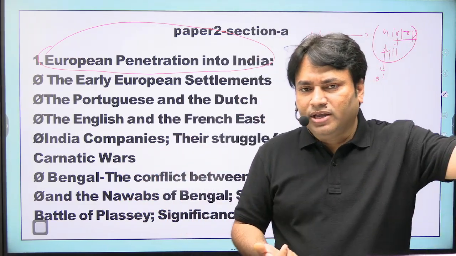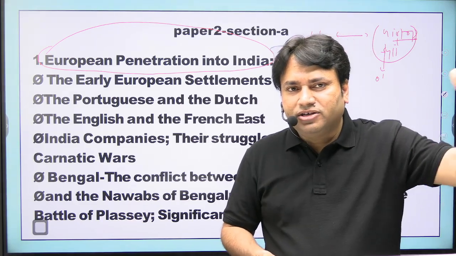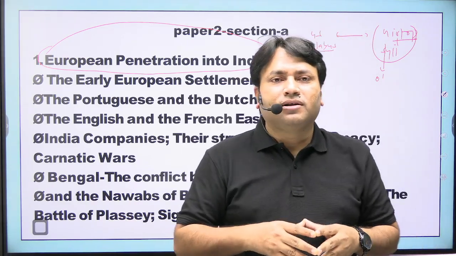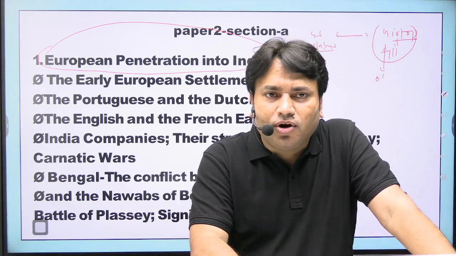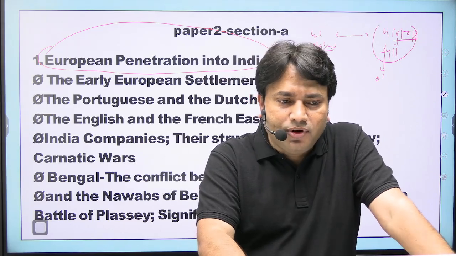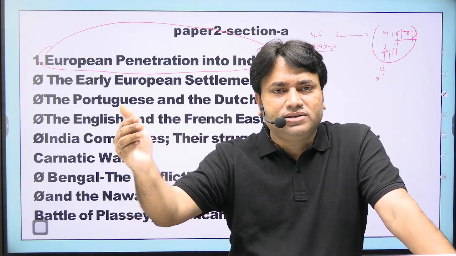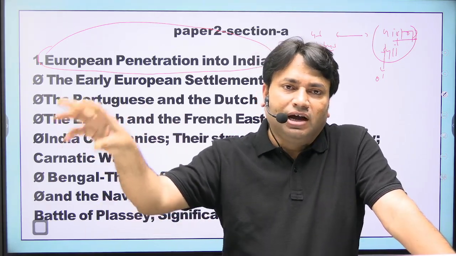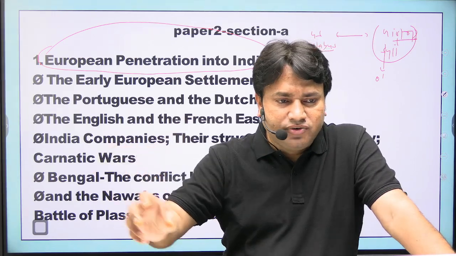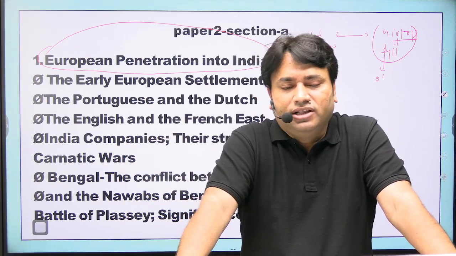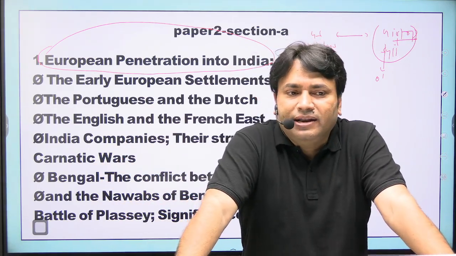That European penetration into India started somewhere in the 15th century, that is 1498. You all know Portuguese Vasco da Gama came to India, and within 3 to 4 centuries, apart from the Portuguese, the Dutch, English, French, and Danes were all present in India.